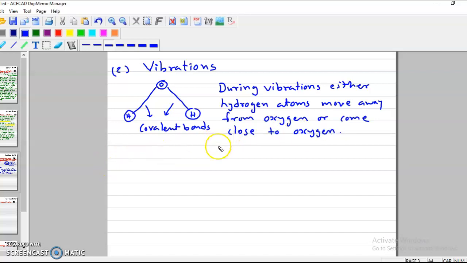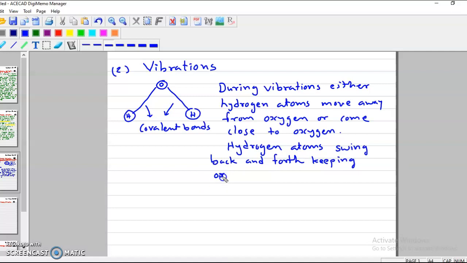In another case, these hydrogen atoms swing back and forth, keeping oxygen as a center. So these are called vibration motions.